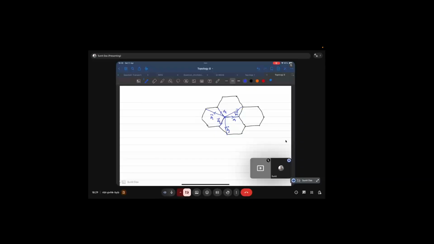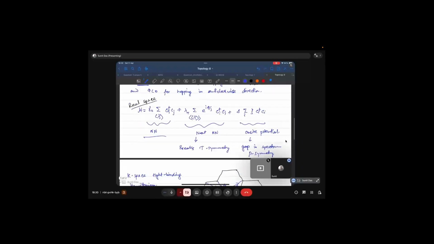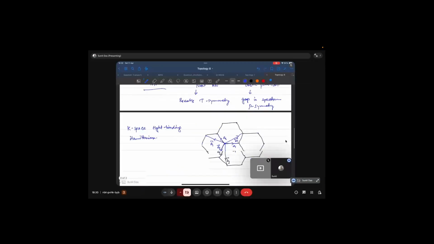So for this kind of system, the momentum space tight binding Hamiltonian can be written by just doing the Fourier transform of this Hamiltonian, nothing else.